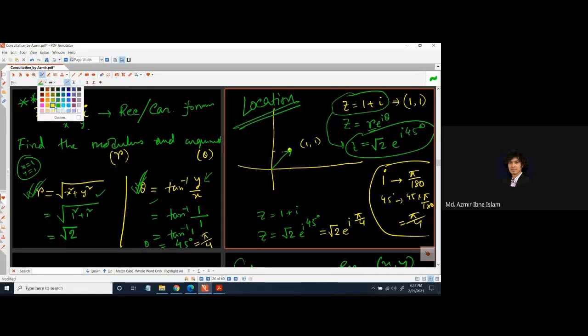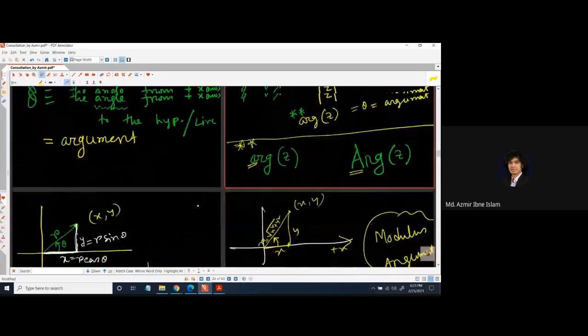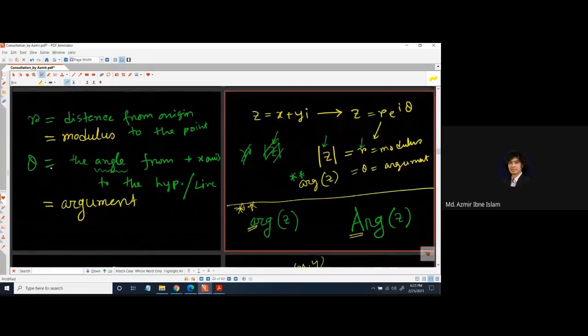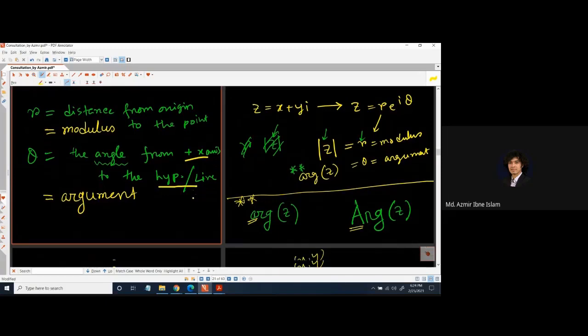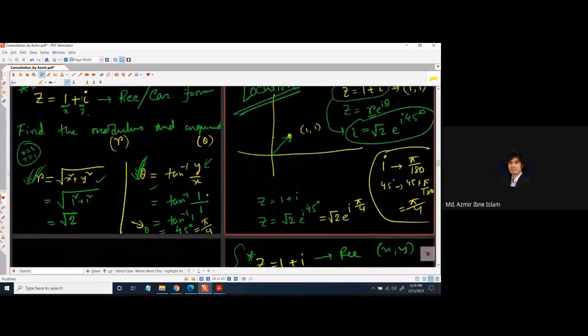Now, why is location important? Have a look. Here, the angle that we have found, the argument, is 45 degree. The general definition that I have written here is that the argument is the angle from the positive x-axis to the line. Here we have the positive x-axis, so the argument will be from the positive x-axis to that line.